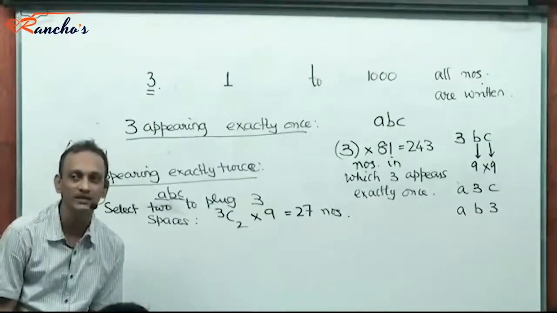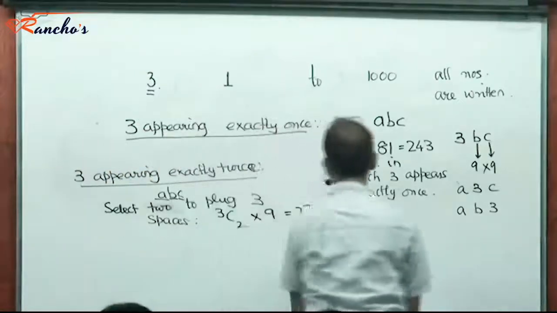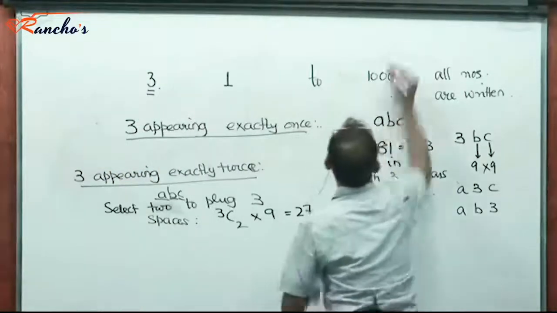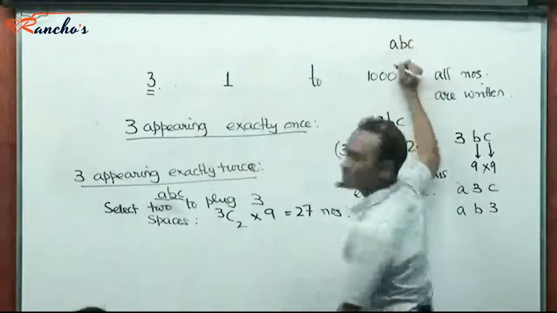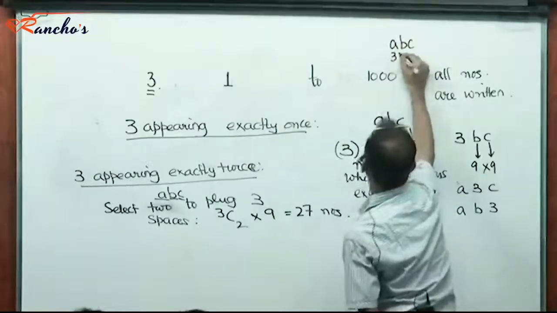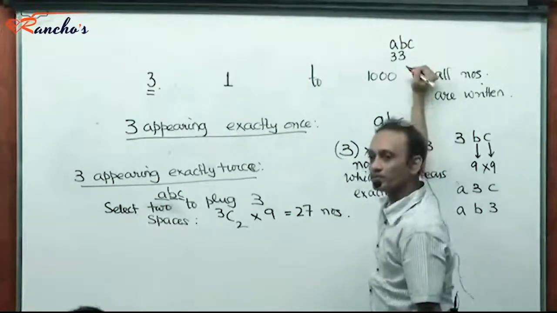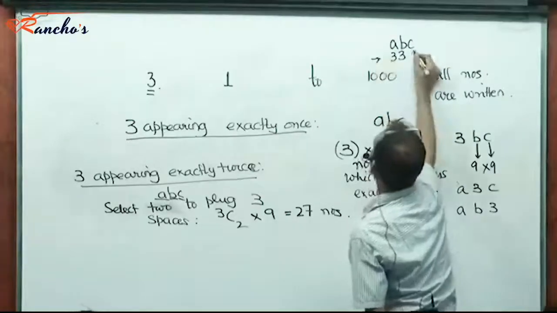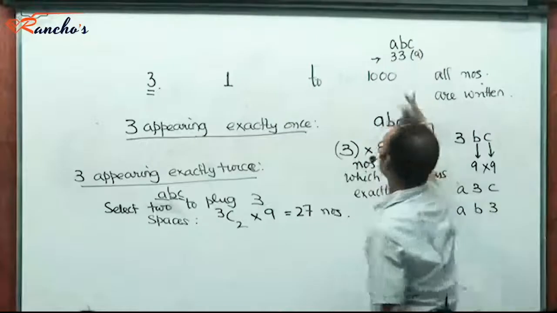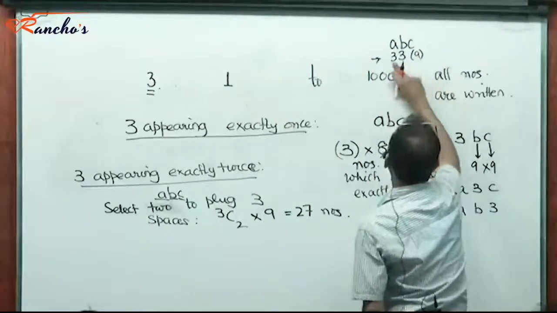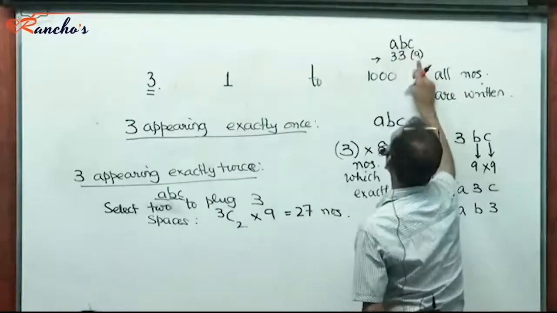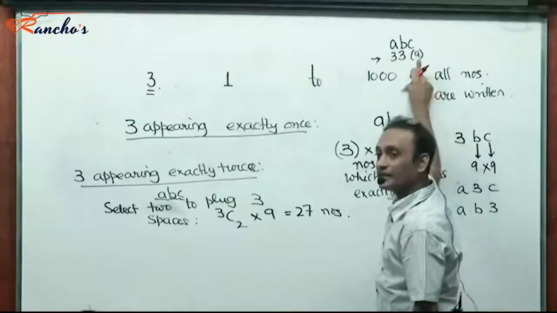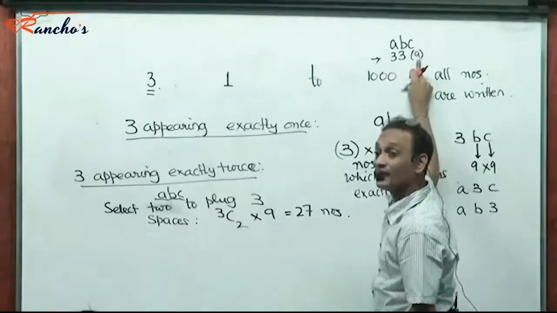Didn't understand this now? See, these are the numbers. Say, for example, I select A and B where 3 is going to appear. Right? Now C can be filled up in how many ways? 9 ways. So how many numbers are there with A and B as 3 and C selected other than 3? 9 numbers.